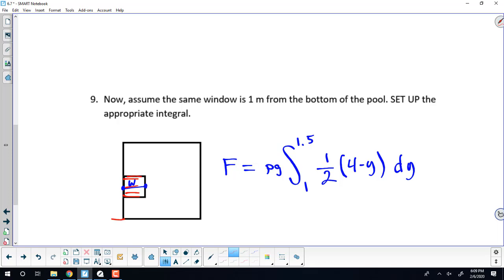So again, if we're situating that at 0, this is already 1 meter above, starting at 1. That limit of integration there is 1 plus 1/2, 1.5. That's all that's changed here.